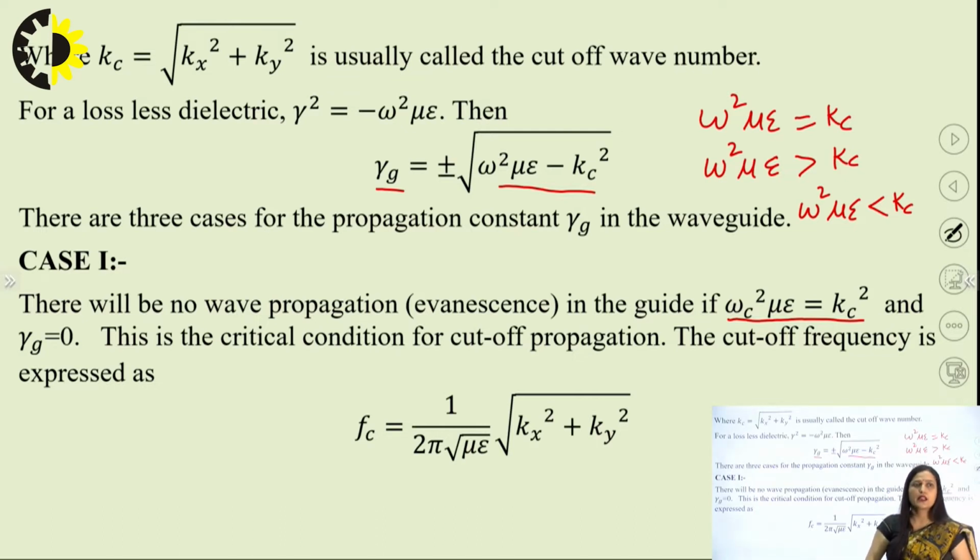If the propagation constant is 0, it means the wave will not propagate, all the wave will be attenuated, right? So this is the critical condition for cutoff propagation, and the cutoff frequency is 1 upon 2 pi under root mu epsilon times square root of kx square plus ky square, because the first factor is 0 here. So cutoff frequency will be calculated from this expression.